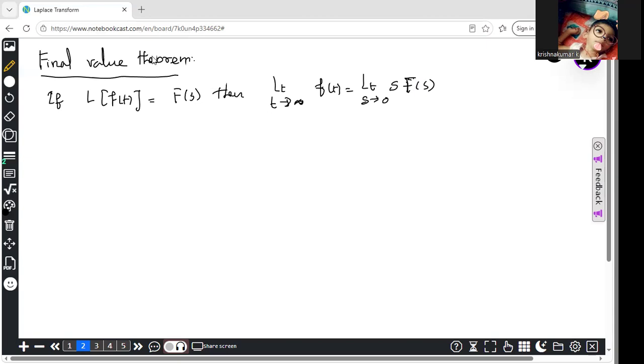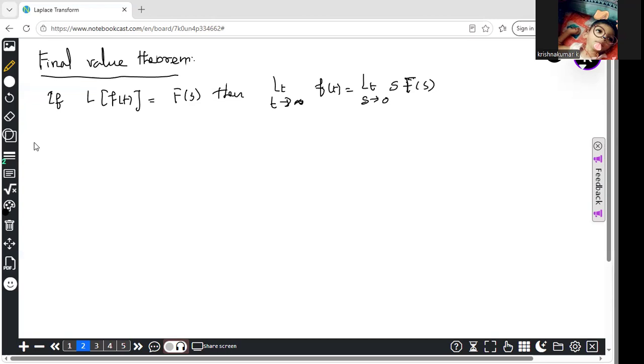For the initial value theorem it is t tends to 0, s tends to infinity, but in the final value theorem, t tends to infinity, s tends to 0. So only the limit changes in the final value theorem.